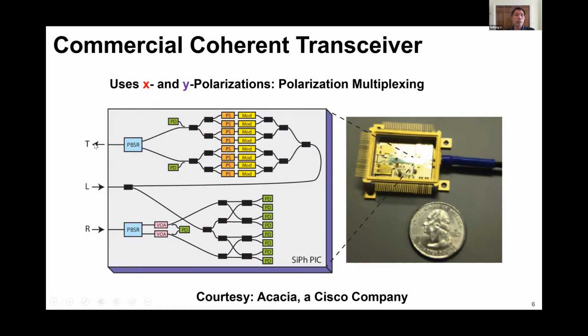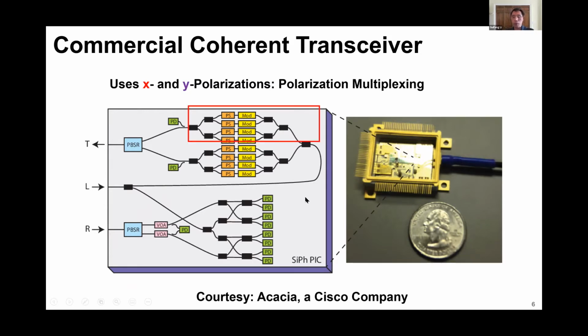So this is the transmitter, and this is a receiver, and this is where the local oscillator is. Those are the modulators and the splitters and stuff like that that I mentioned before. And the chip is very tiny inside this package, and this is in reference to a quarter.